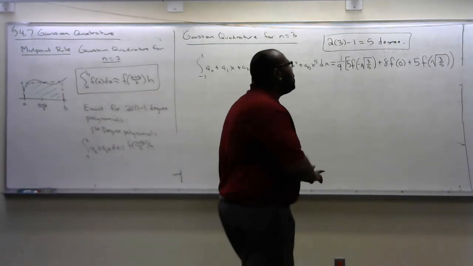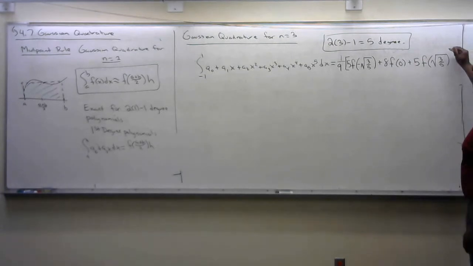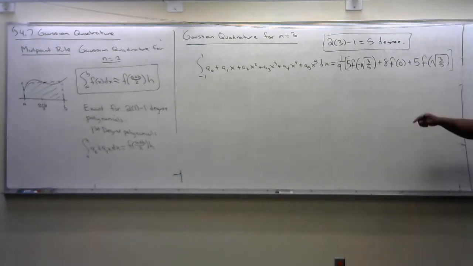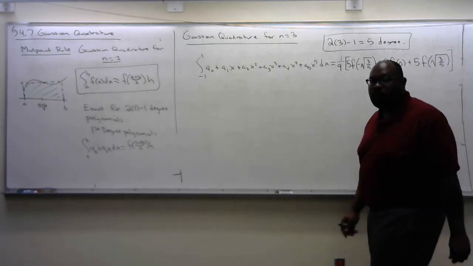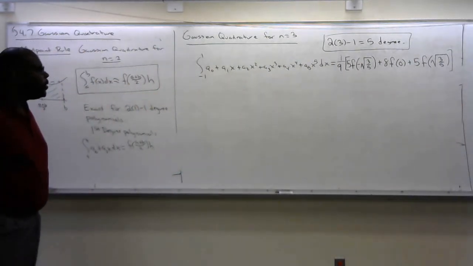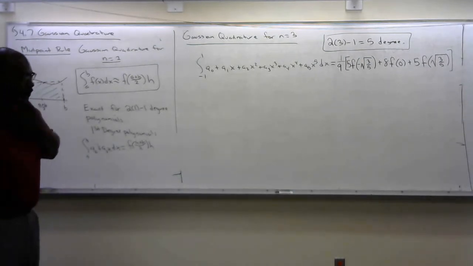Imagine if you have to do multiple computations where you have to integrate polynomials of 5th degree or higher. Instead of integrating the polynomial over and over again, all you need to do is evaluate at those particular locations. If you're always dealing with 5th degree polynomials, there's no need to integrate and then evaluate at the points. Just pick those 3 points, add them together with the right weights, and you're good to go.